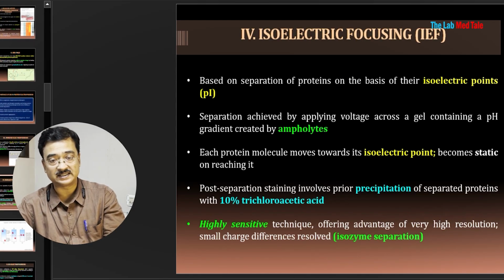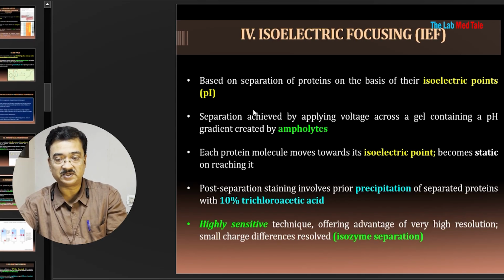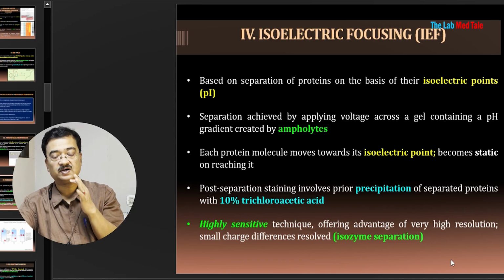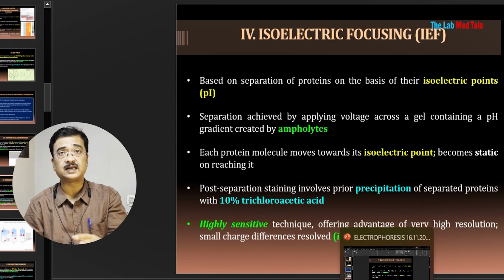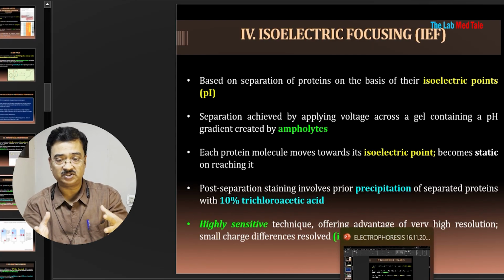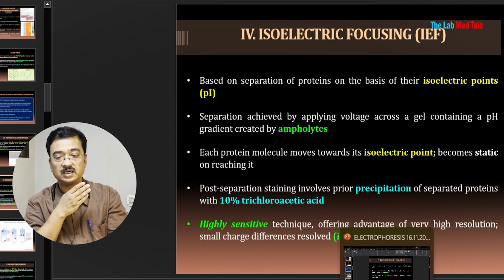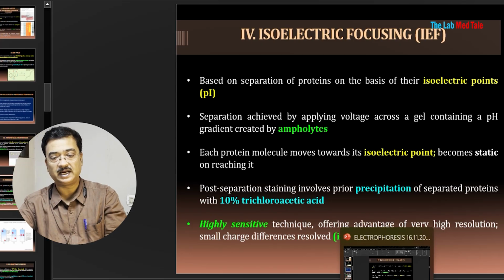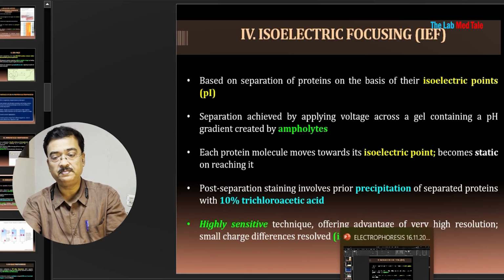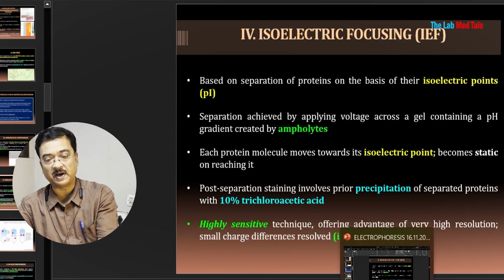Isoelectric focusing, as I told you, is a very specialized mechanism. First, there are certain amino acids which can act in both ways, called ampholytes, a mixture of amino acids. So it runs the ampholytes first on the gel. Therefore, the ampholytes create a very small pH gradient in the entire path.